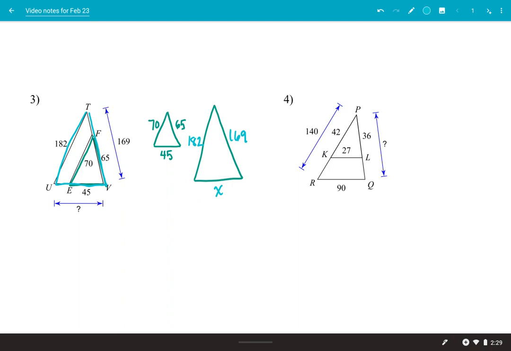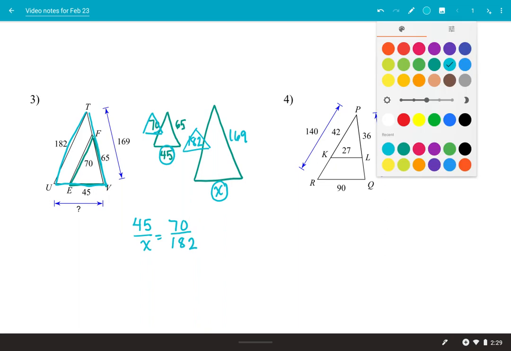Now, when they give you all 3 sides, you get to pick. But the first thing we're always going to do is figure out what x is. X is on the small side. So the small side of one triangle, small side of the other. And you get to pick. Do you want to do 70? Do you want to do the large side, or do you want to do the medium side? I'm going to go for the large. So 70 over the large side of my other triangle. And you notice that I like to use different symbols just to show me which is small, medium, and large.